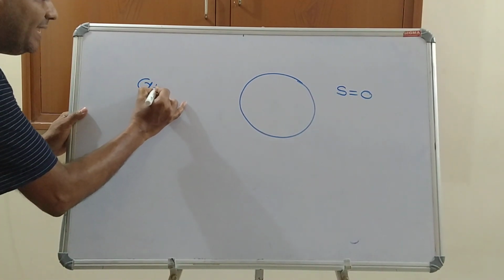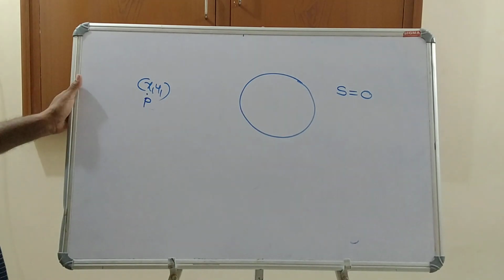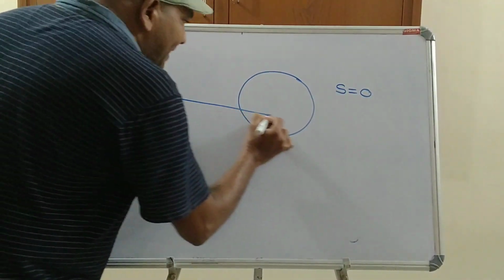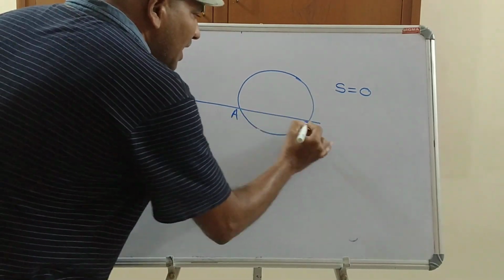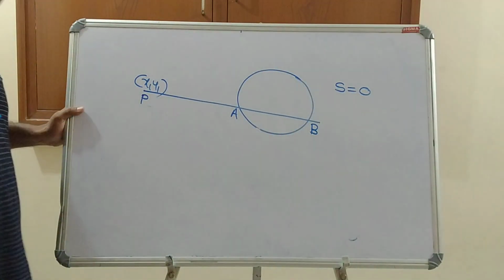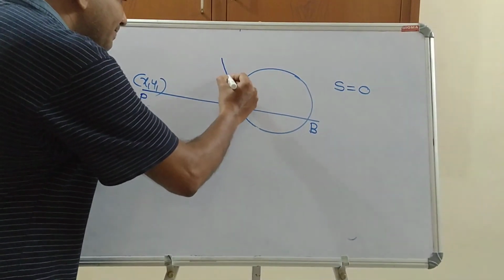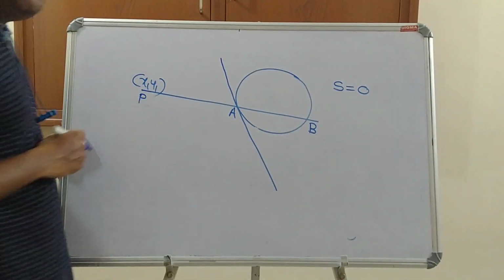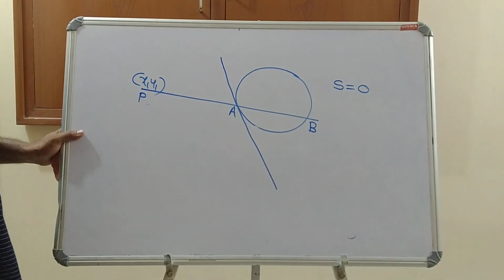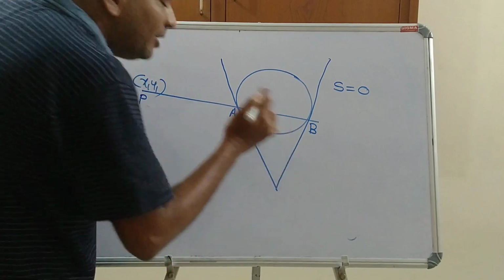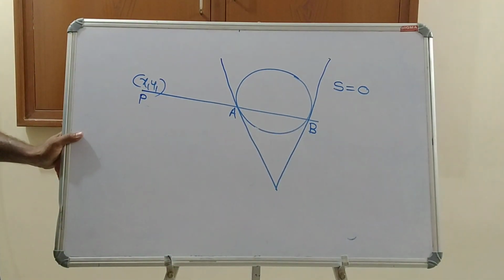From the point P, we draw a secant line, that is PAB. Now, at A, draw a tangent to the circle. At B, draw a tangent to the circle. Their point of intersection is Q.